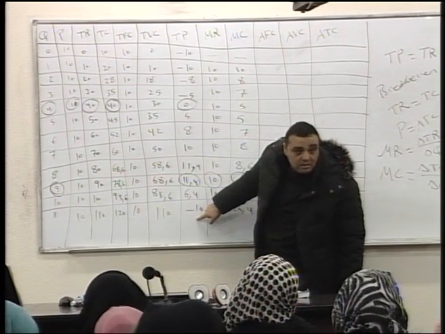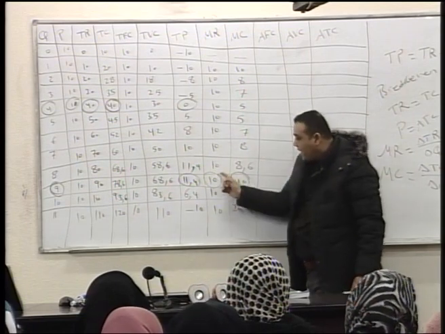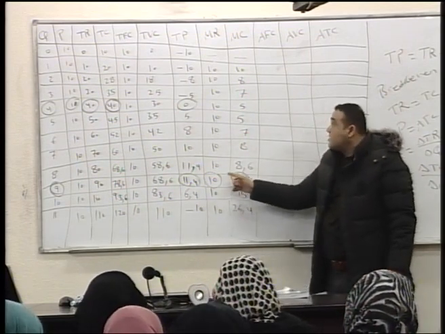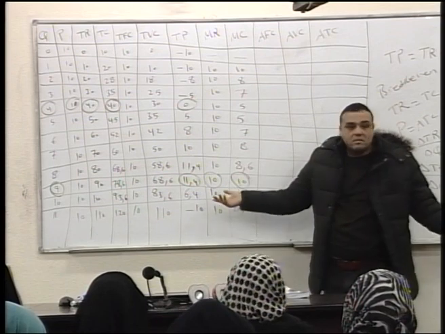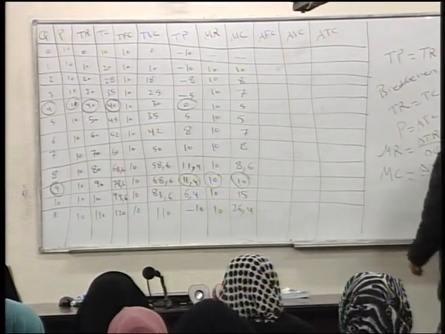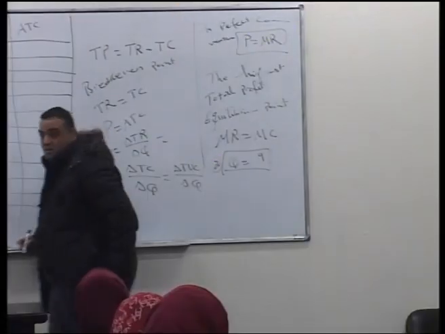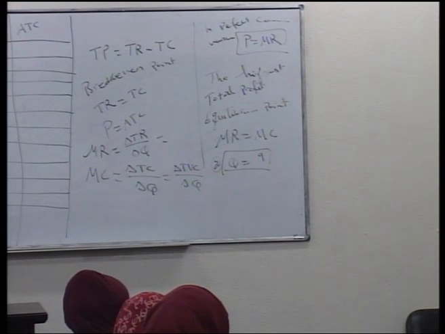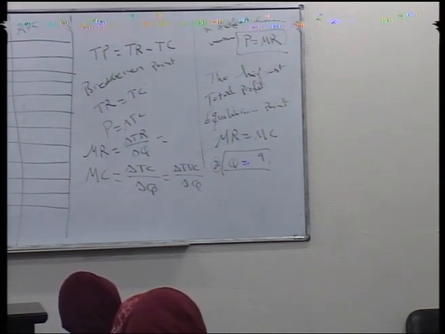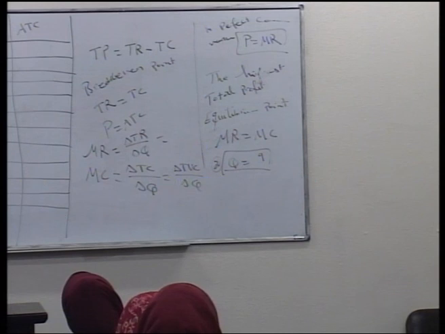What do you see? The highest total profit is achieved where marginal revenue equals marginal cost, at Q equals 9 here. We will see the detour here. I said we will draw a graph and everything will become clear.